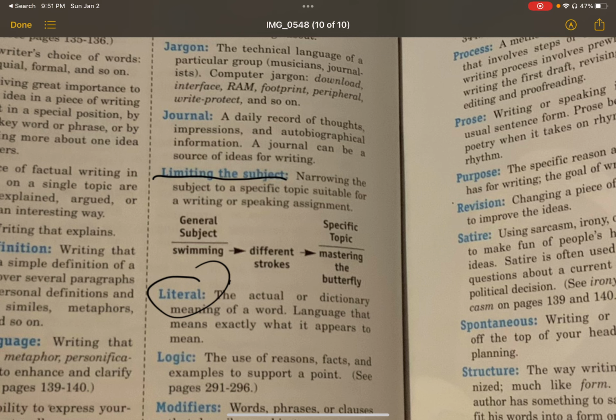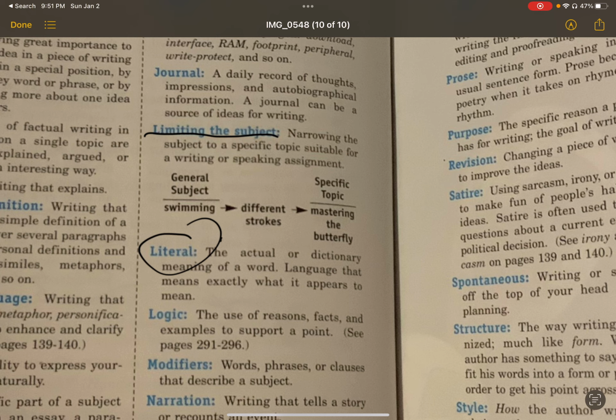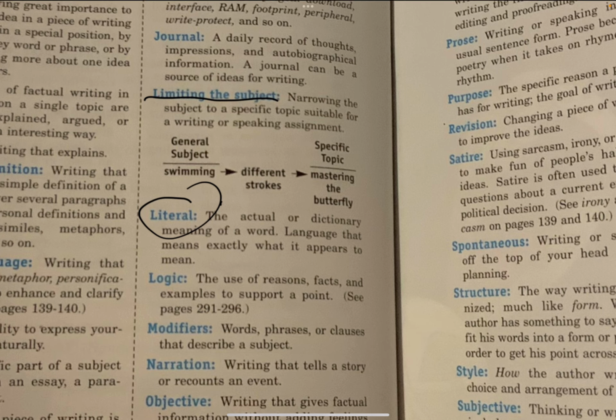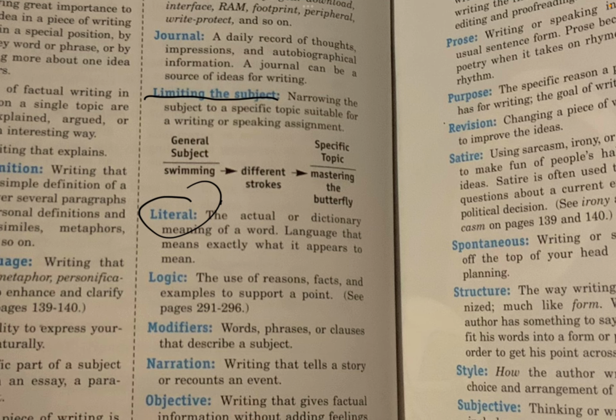I was trying to think of an example, but I can't think of it right now. But sometimes idioms that we use, they might take literally. He was about to blow his top, meaning lose his temper. Somebody taking that literally might think his top was literally going to blow up or something.